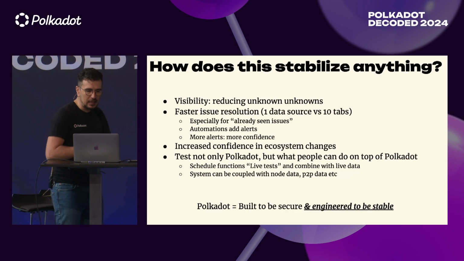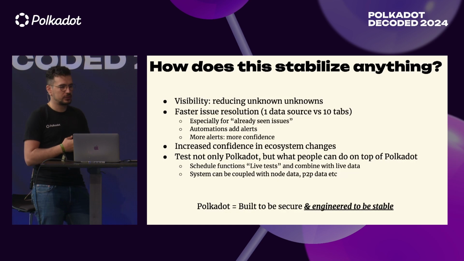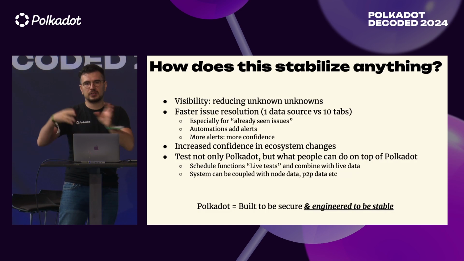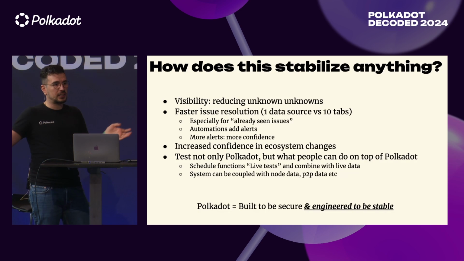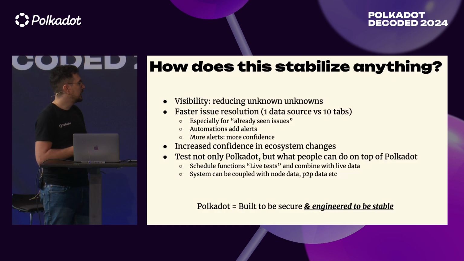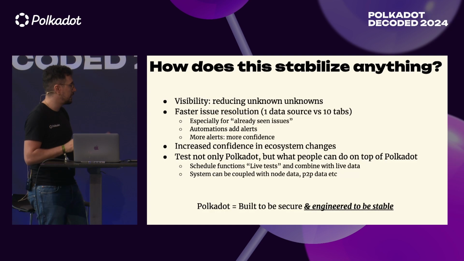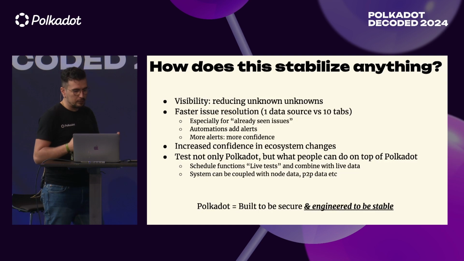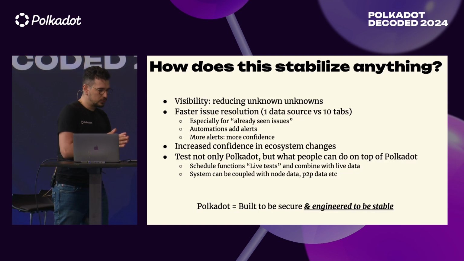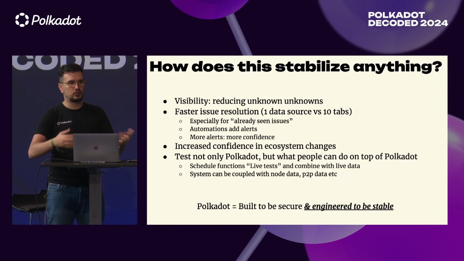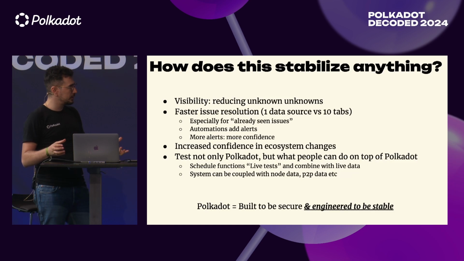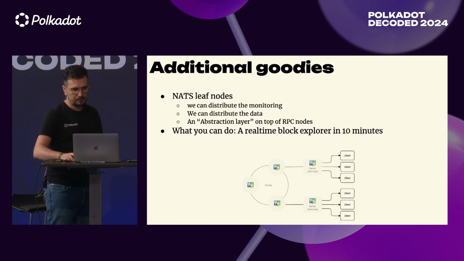One example of this is scheduling functions that would test if a transfer is successful. You can do that all the time, every, I don't know, 10 minutes, and then see if there was any change in behavior, change in latency, change in whatever. You can measure everything. This helps us essentially to make sure that Polkadot is engineered to be stable by adding all this ecosystem around it to measure these things.